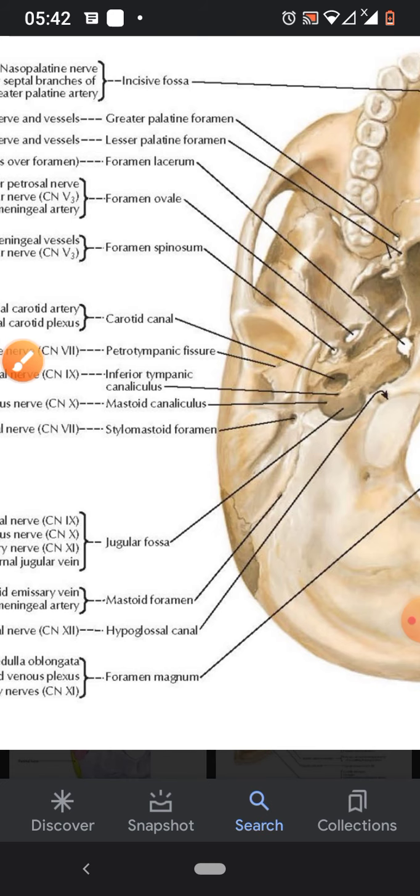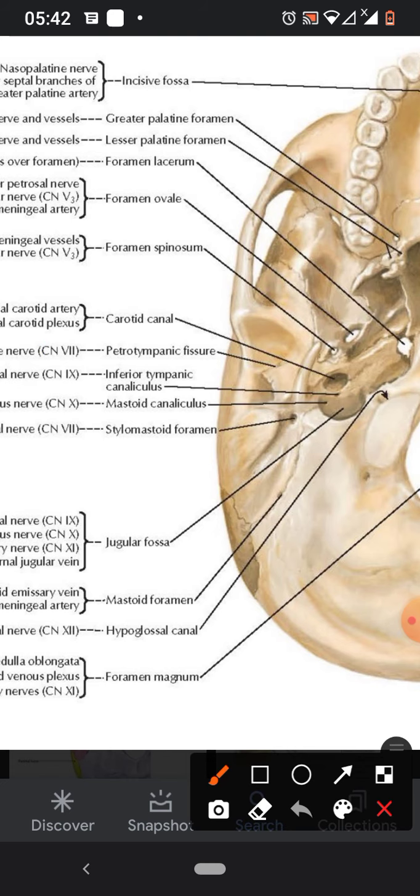The lateral wall of this jugular fossa is called the mastoid canaliculus, and it is involved in the transmission of the auricular branch of the vagus nerve, which passes under it and appears at the tympanomastoid fissure. I will draw it over here for you.